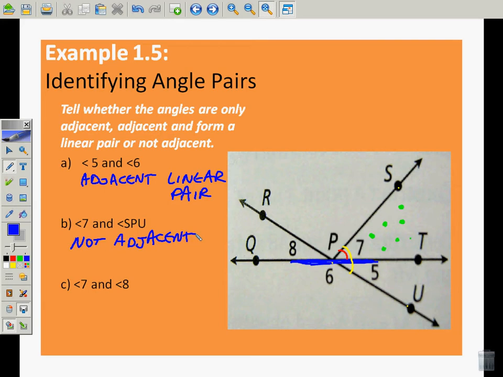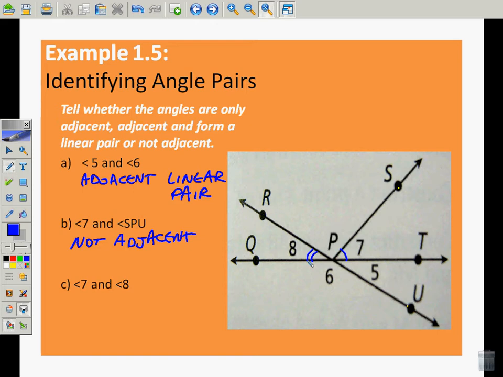What about 7 and 8? I'm going to erase once again and get this cleared off so we can see a little bit better. 7 and 8. So we're talking about this angle here and this angle here. Well, they're not next to one another, or are they? They seem to be next to one another.